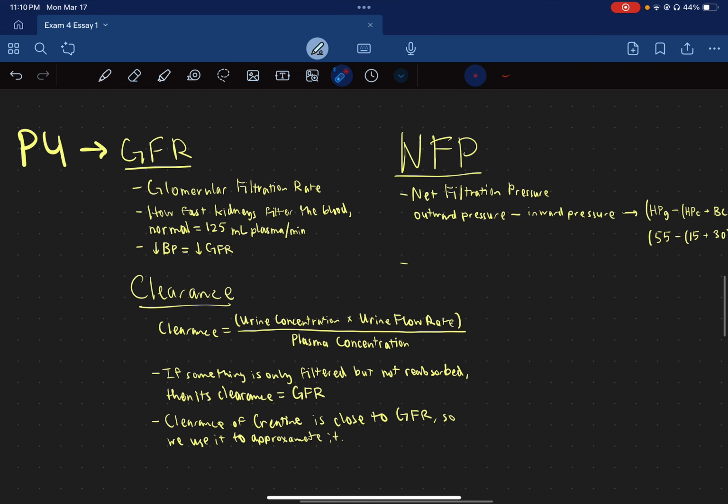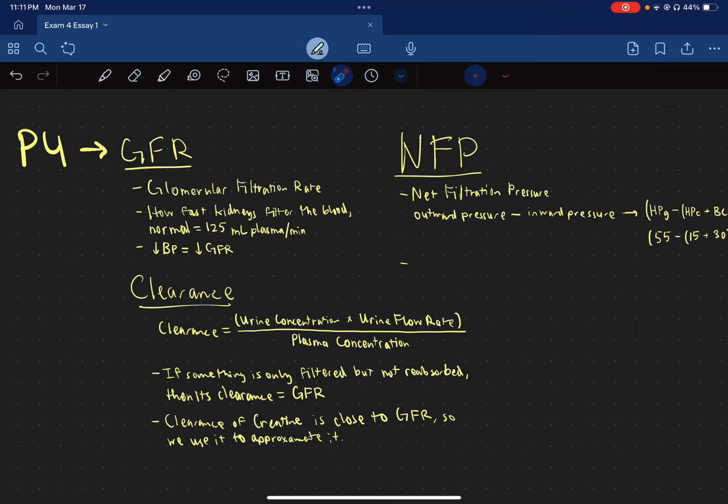Related to GFR is something called clearance. Clearance is equal to the urine concentration times the urine flow rate over plasma concentration. So what does that mean? That means that if something is only filtered but never reabsorbed, clearance should equal GFR. If something is filtered but then is reabsorbed, clearance is going to be less than GFR.